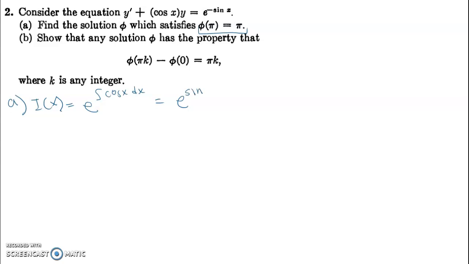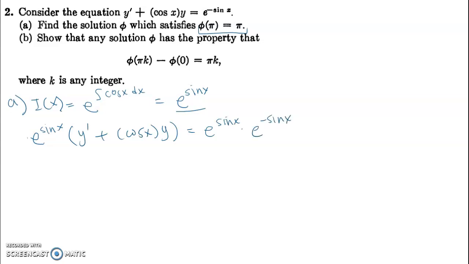So this is going to be sine of x, e to the power of sine x. So let me multiply this to both sides of our equation. 1 plus cosine x y is going to equal e to the sine x times e to the negative sine x.